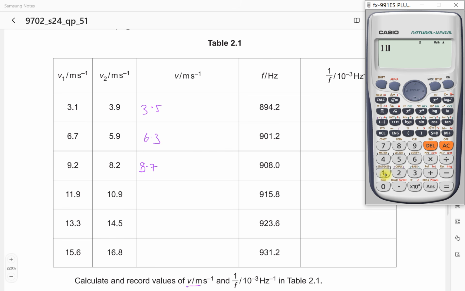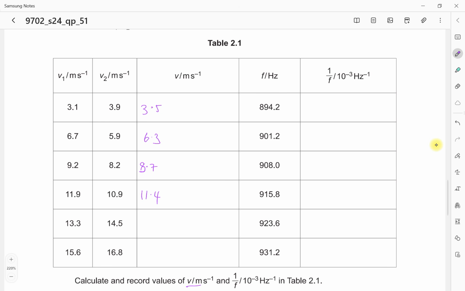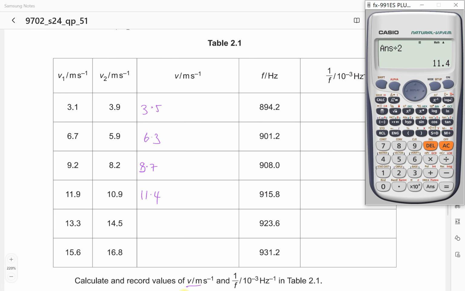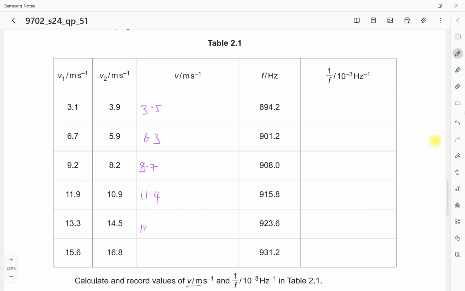Then we have 11.9 plus 10.9 divided by 2, so it is 11.4. Then we have 13.3 plus 14.5 divided by 2, so that is 13.9.